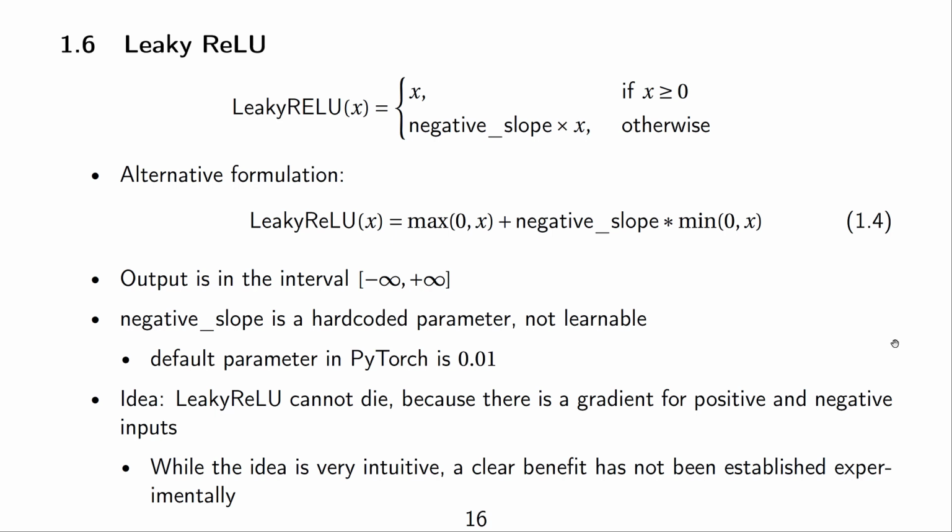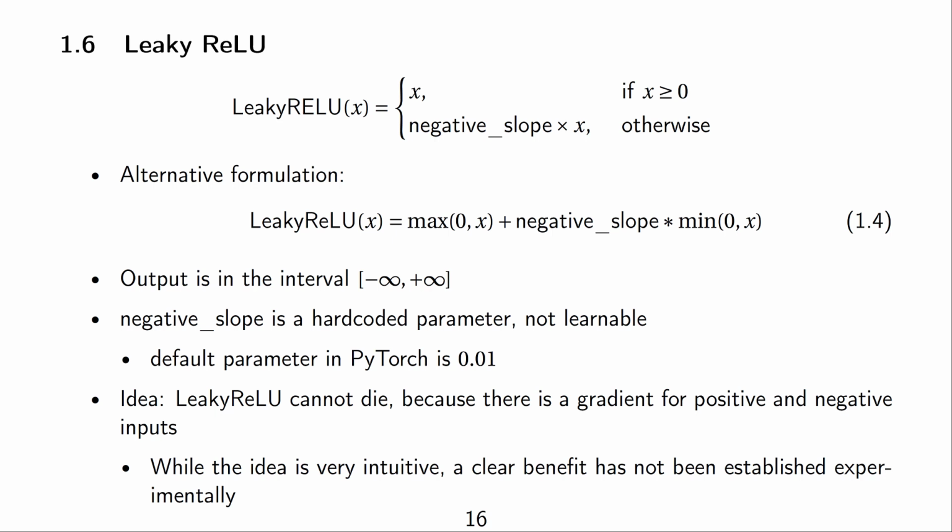So still, people thought having the output be 0 for all negative values, that just can't be good. Can't we at least have some gradient? Can't we at least have some derivative here to allow learning to happen?